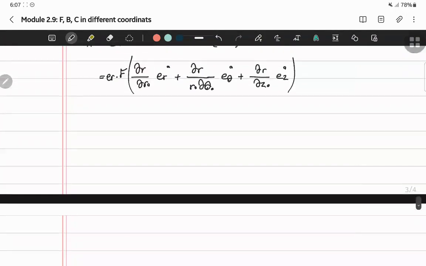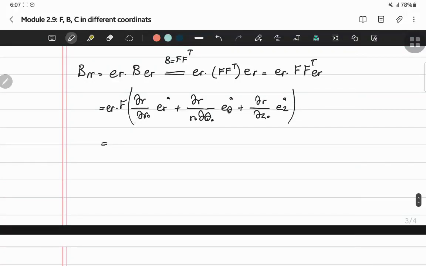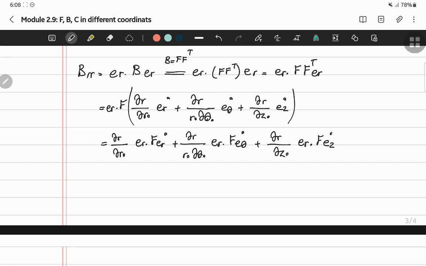So this is equal to partial derivative of R with respect to R0. I can just take this out, it's a scalar, so it's the magnitude. So I get E R dot F E R0 plus partial derivative of R with respect to theta 0, then E R dot F E theta 0 plus partial derivative of R with respect to Z0, then E R dot F E Z0.